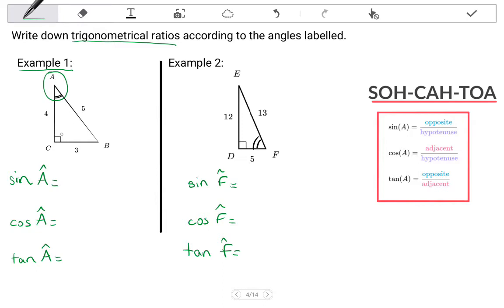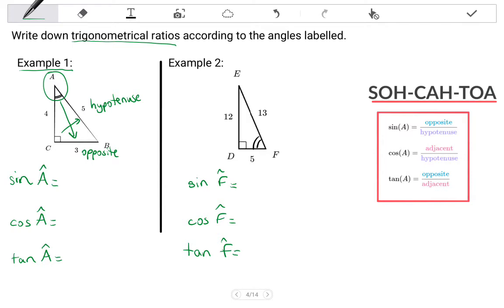Hypotenuse is always the opposite side of the 90 degrees, so it is the side AB, and the length of the hypotenuse is 5. The opposite side of the angle A is BC, and the side length of this opposite is 3.